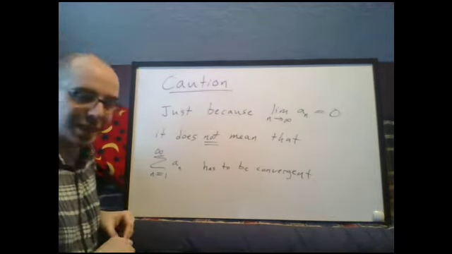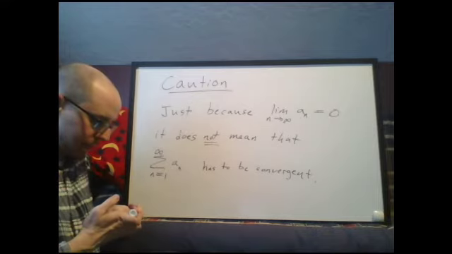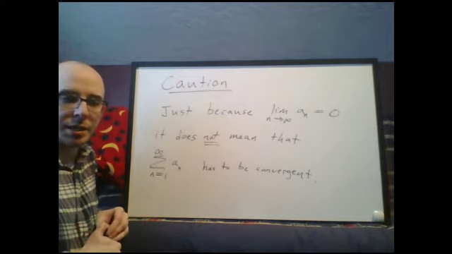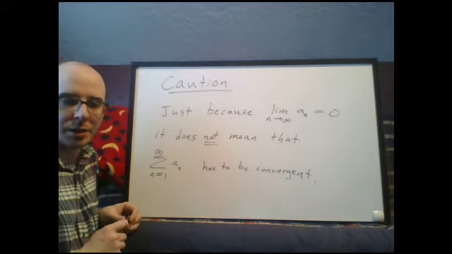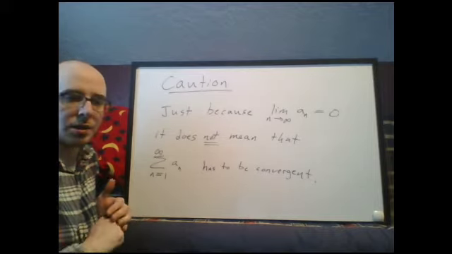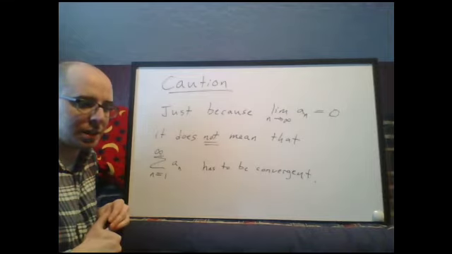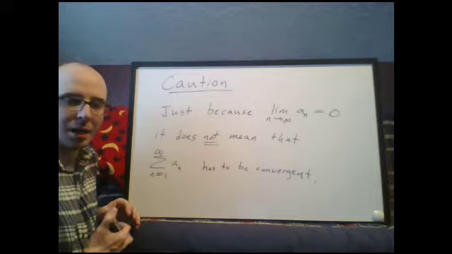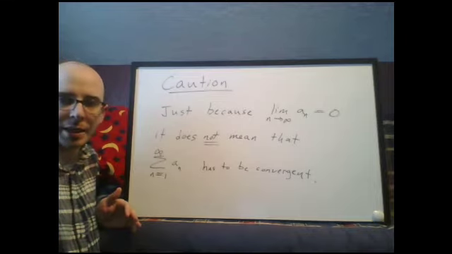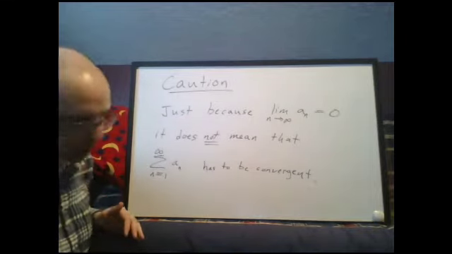Okay, this is the divergence test. This test can only tell us that a series is divergent. It can't tell us that a series is convergent. There are divergent series that can pass the divergence test, meaning the divergence test will not detect that it diverges.